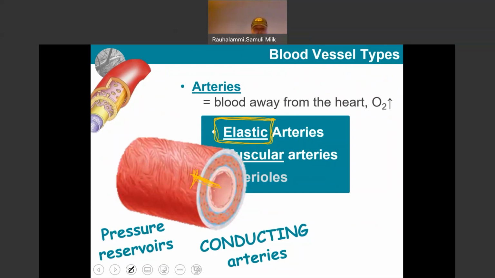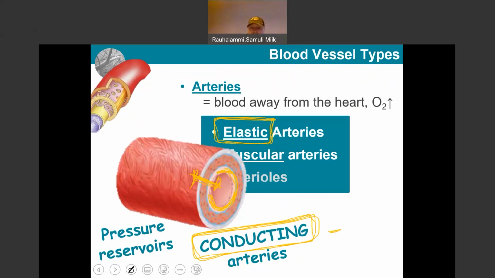blood vessel. So they're very, very thick. Also, their lumen facilitates the flow of blood with a very low resistance to it. And one other term that we sometimes see being used when we discuss elastic arteries is that they are described as conducting arteries.